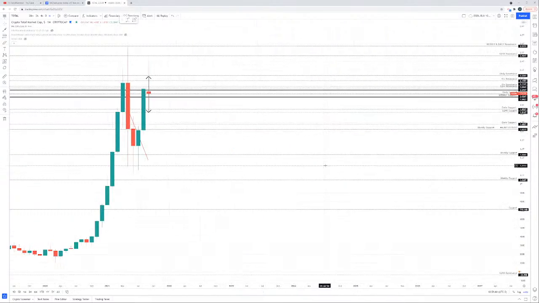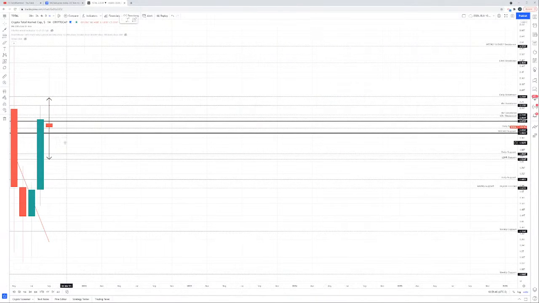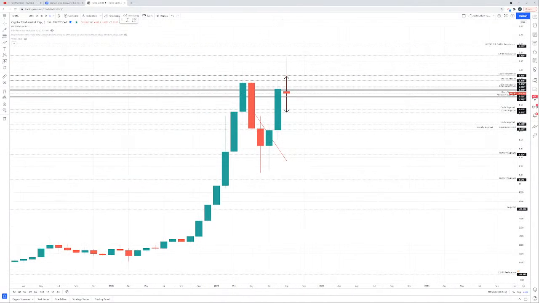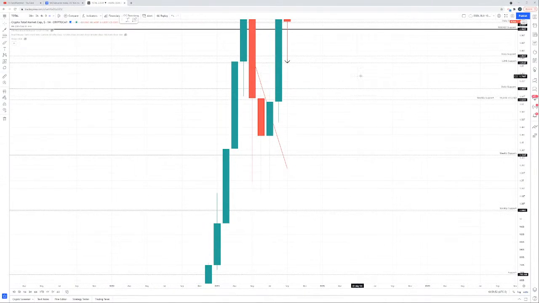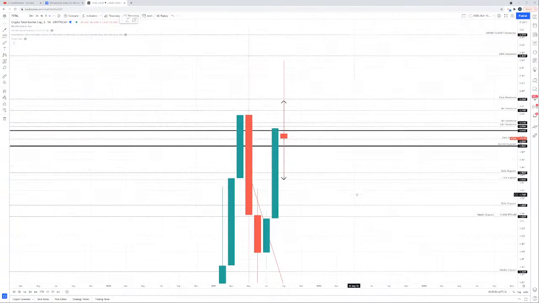Let's look at the monthly. And this month, I have a hard time believing this month was going to close out bearish. I still believe that this month is going to close out bullish. So if we do see another bearish week back down to here, for the month to close out bullish, it would have to be a monster of a move.